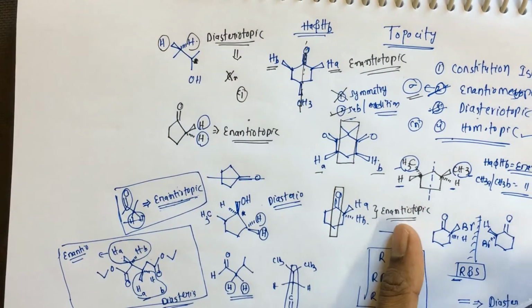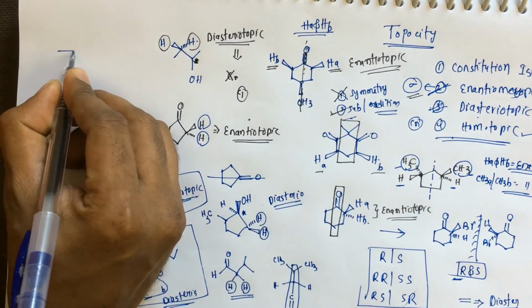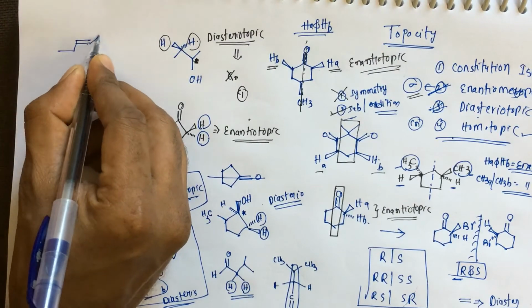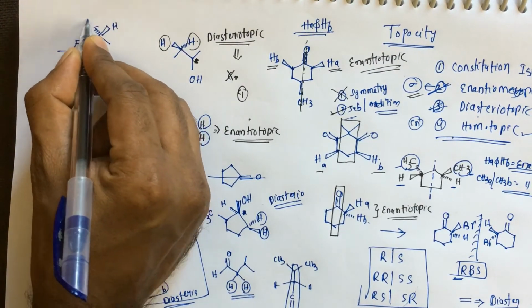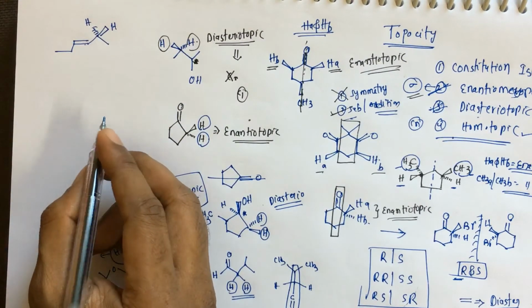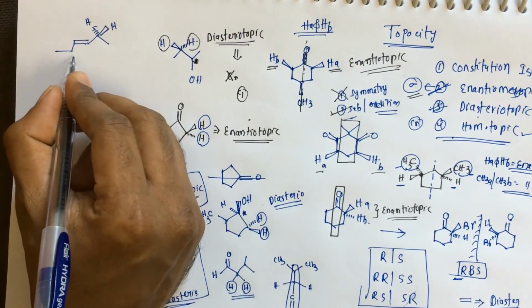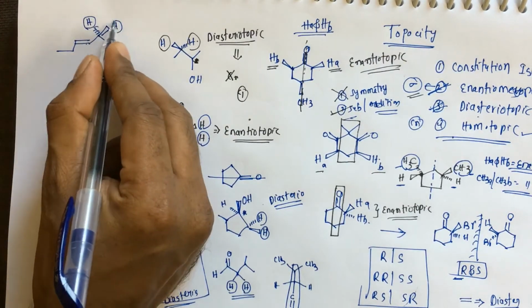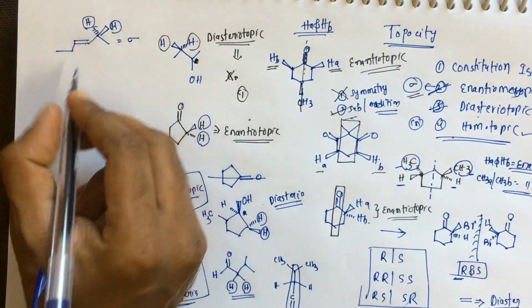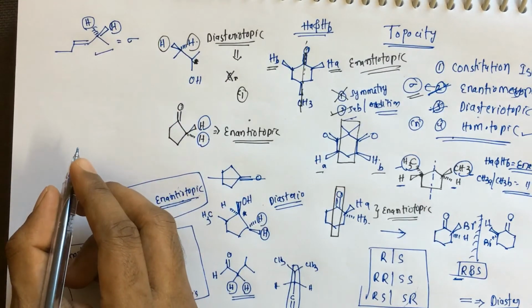And next we have this one, allylic. What is the relationship between these two hydrogens? You can draw a plane of symmetry here. So this comes under enantiotopic.